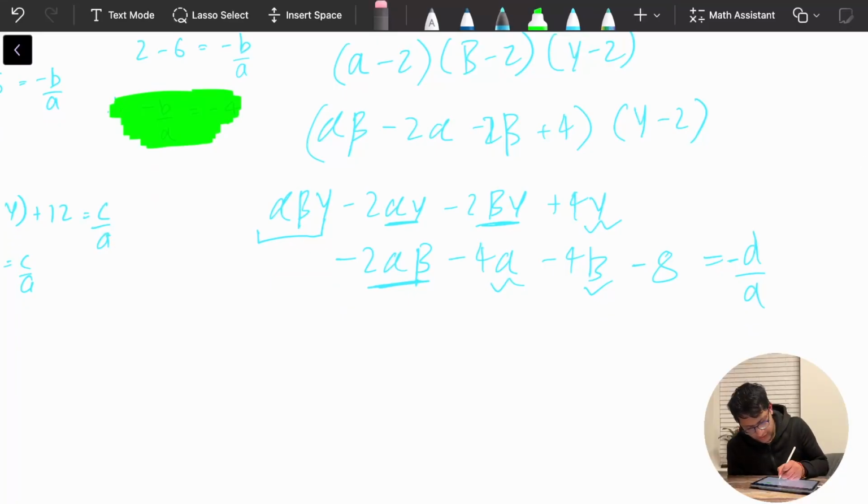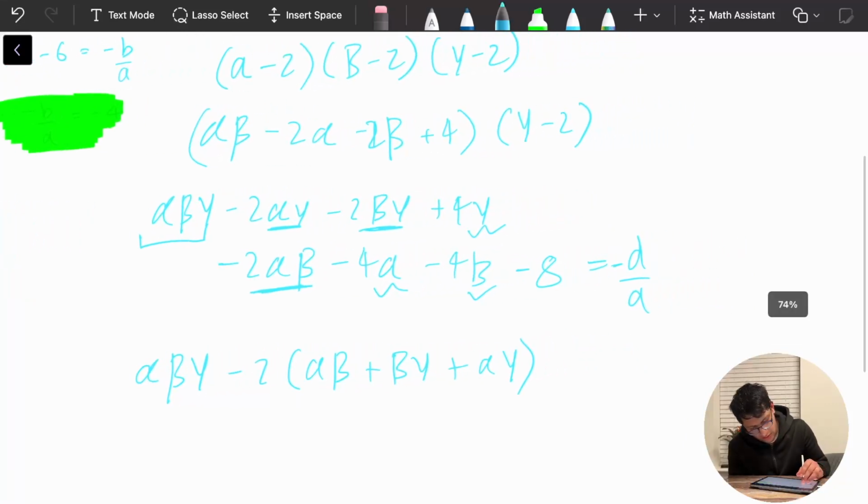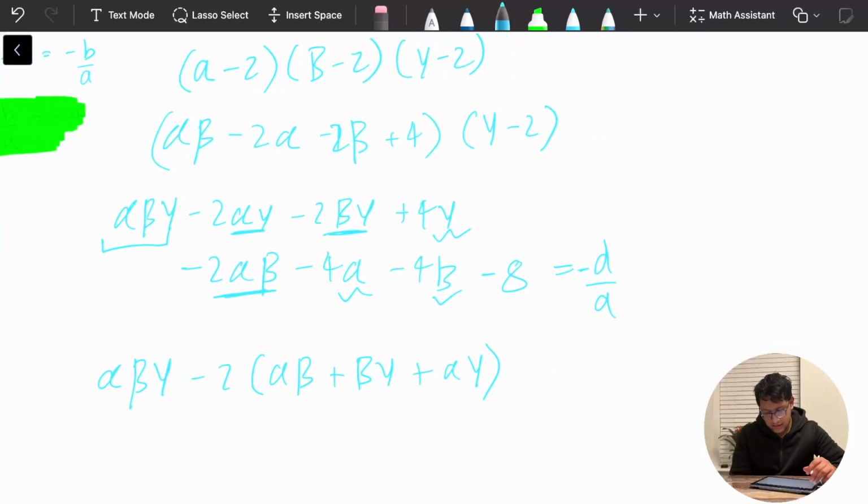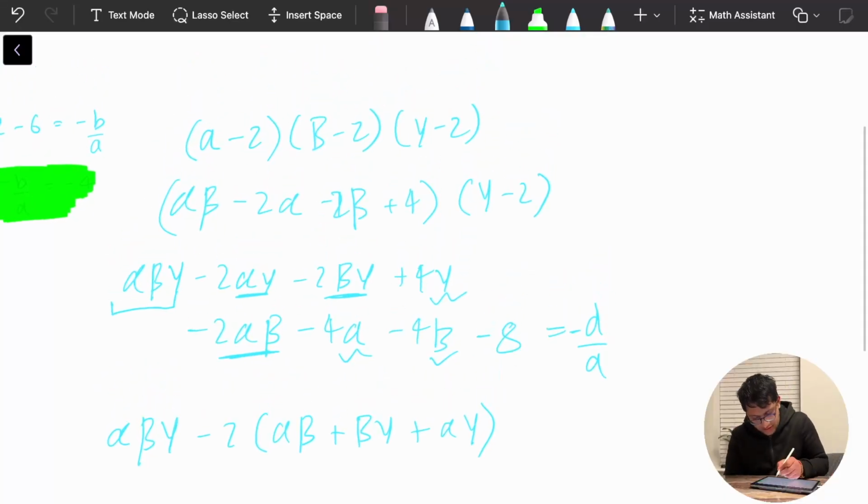So we will get alpha beta gamma minus 2 alpha beta plus beta gamma plus alpha gamma, and ideally it'd be minus 4, but it's not, is it?